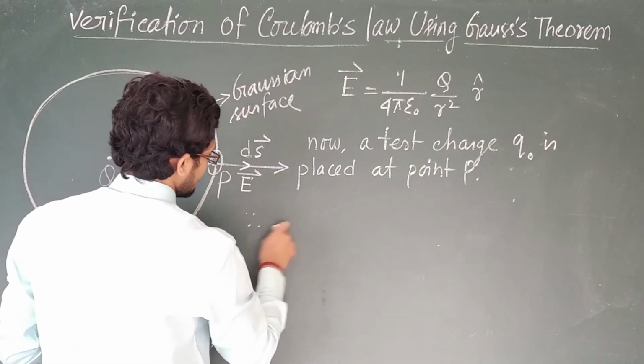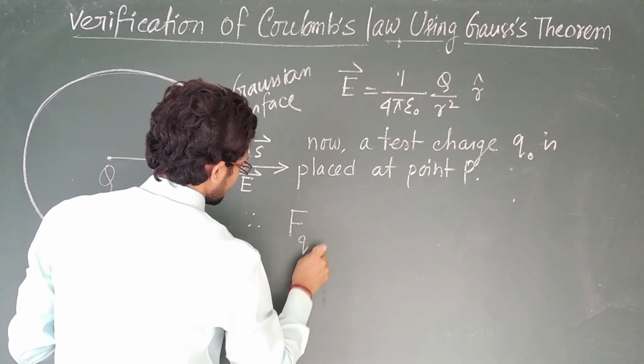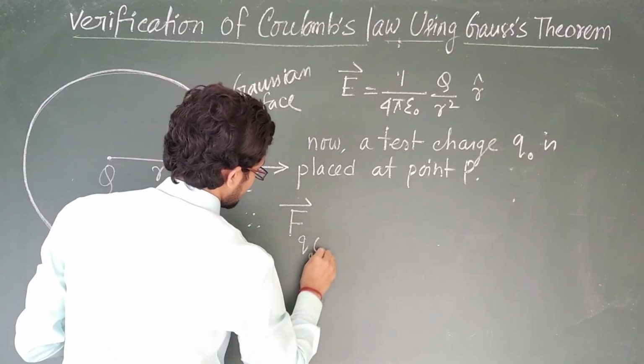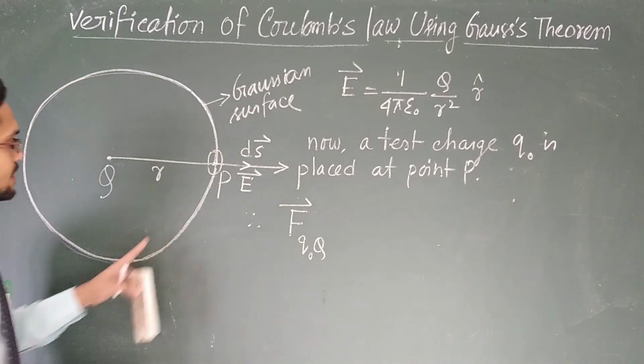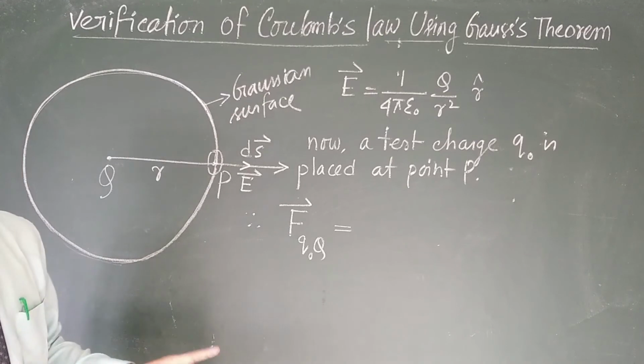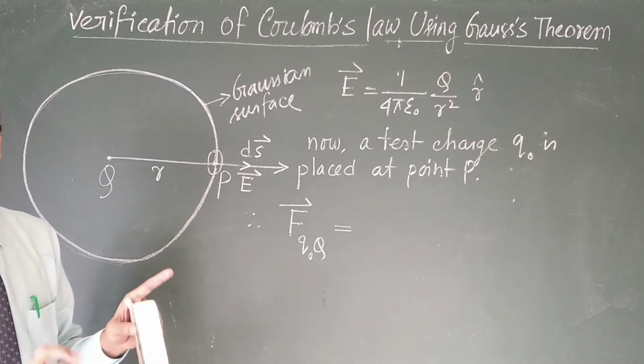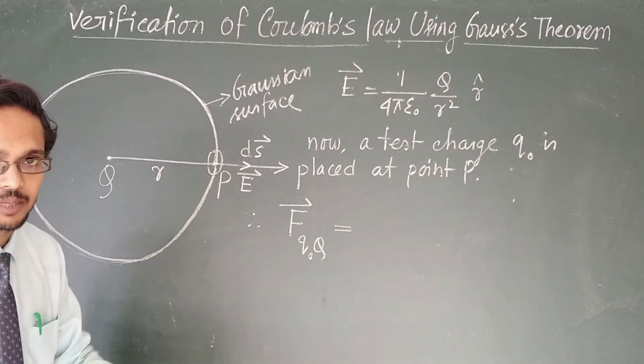The force on Q0 due to Q is electric field intensity at a point into the charge placed at that point.